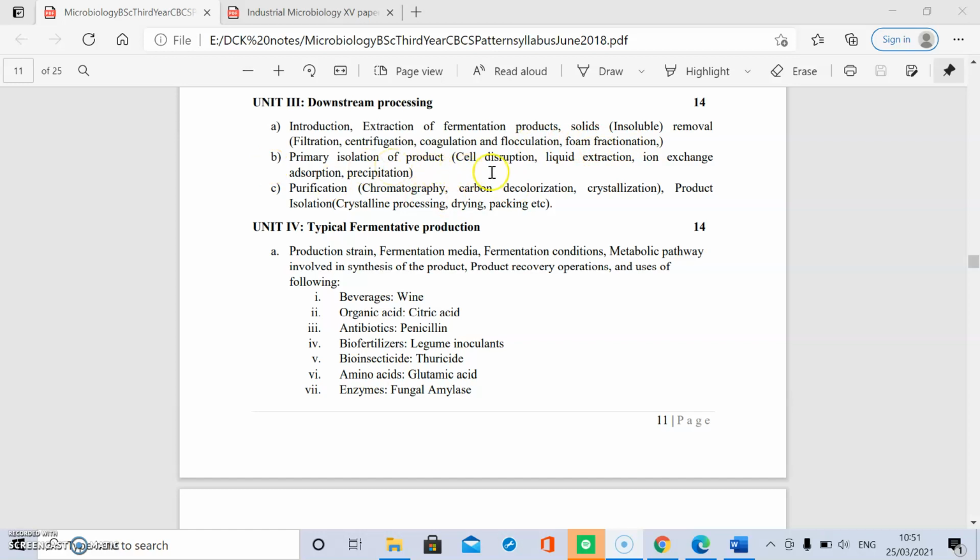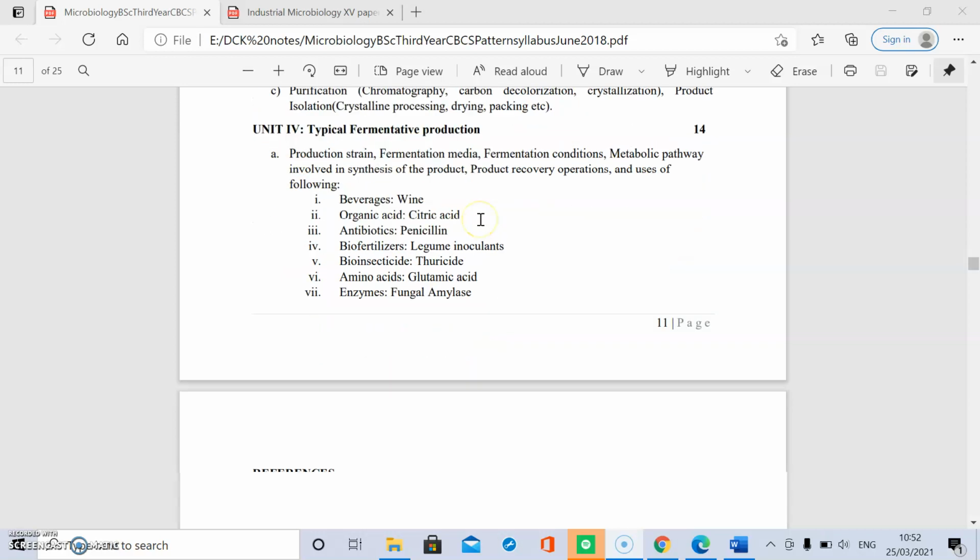In this, cell disruption, liquid extraction, ion exchange and adsorption, precipitation. Third point, purification of the product by chromatography, carbon decolorization, crystallization, product isolation by crystalline processing, drying, packaging, etc. These are the points in case of unit 3, downstream processing.